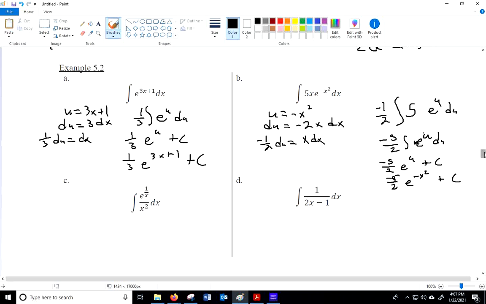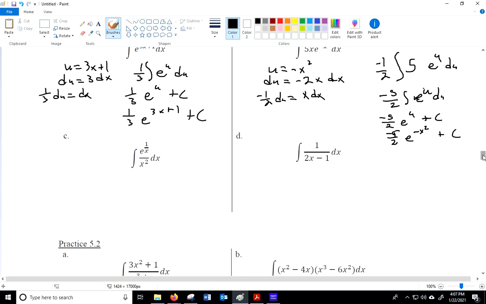All right, let's try the next one. I'm going to let u equal, what should it be? Well, I can either let u equal x squared, or I can let u equal 1 over x. And in this case, they both seem to be inside a function, but I think 1 over x is more to the inside, and I think 1 over x is going to have a derivative more likely to be what's on here. So let's do 1 over x. The differential then is du.